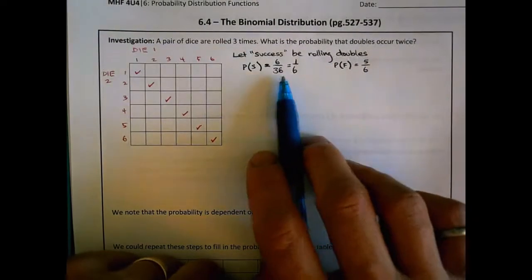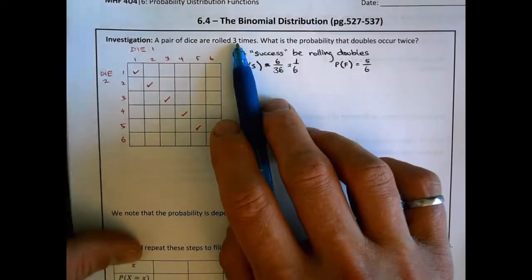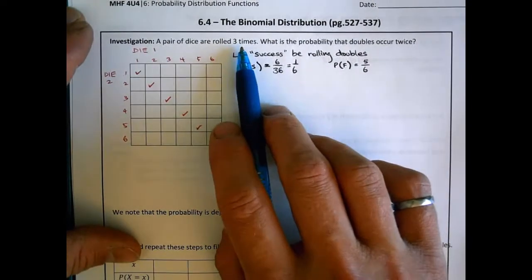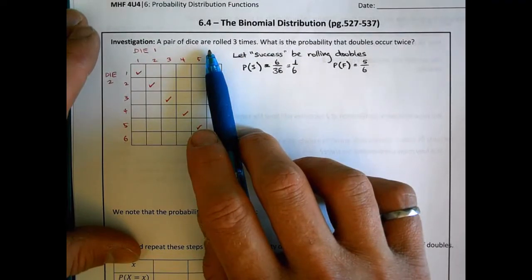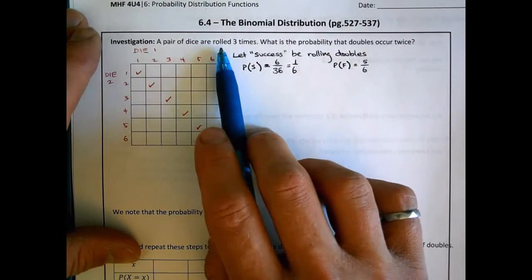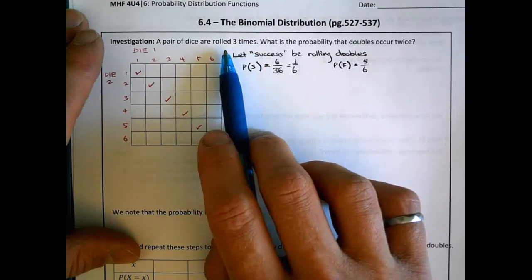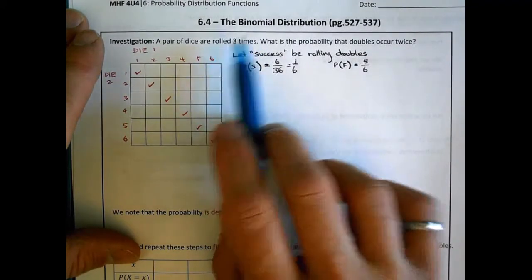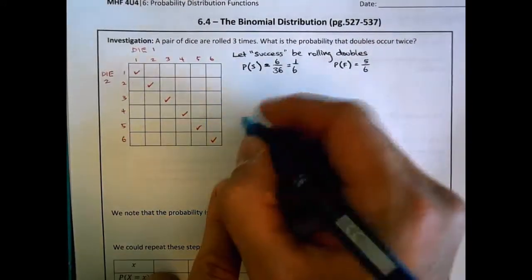That makes sense. It's very unlikely that we're going to get doubles. But I want to know the probability that doubles occur twice when I have 3 rolls. There are a few different options here. I could roll doubles, and then not roll doubles the third time. I could roll doubles, then not doubles, then doubles. For this sort of situation, it helps to draw a tree.